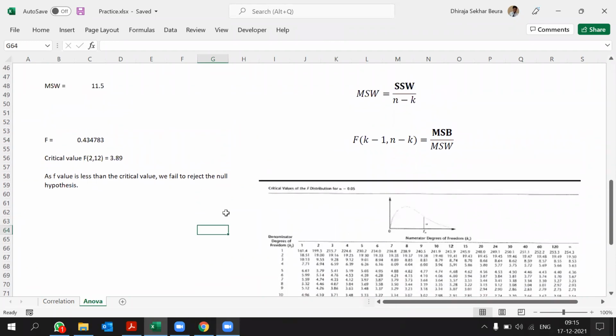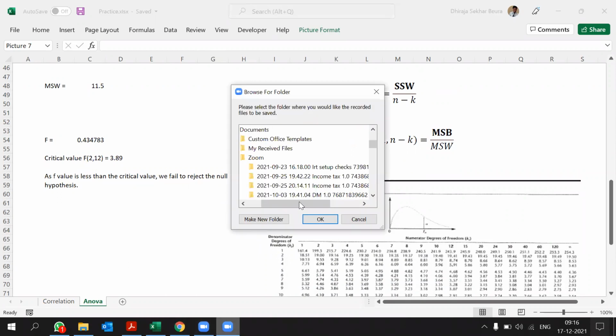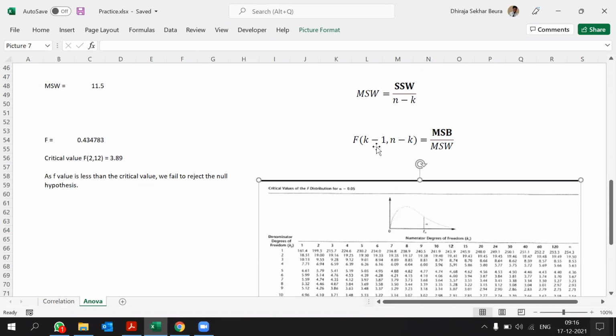Okay. Now let's understand the critical value and how to look for values in the table. Then we will understand how to compare it with the F calculated and how to take a call. Now, when we calculated the F value, there was a bracket and there were two values mentioned in it. Nobody asked me what these two values are. I was expecting this.